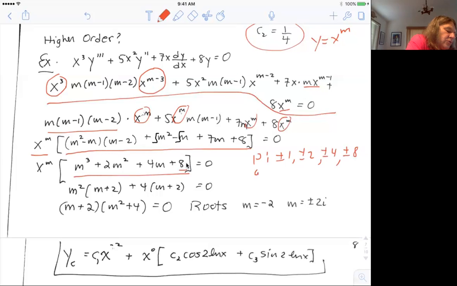And the q's were the factors of that coefficient on the highest power right there. So plus or minus 1. So that's pretty easy. So the list of rational roots are all these over all those. And since they're all over 1, they're just these right here. So we could have 1 or minus 1 or 2 or minus 2 and so on. So we did that, and then we did some synthetic division once we found one.